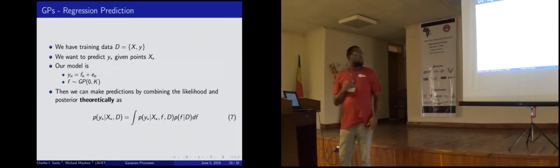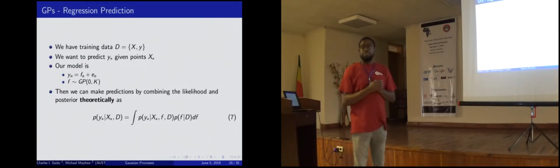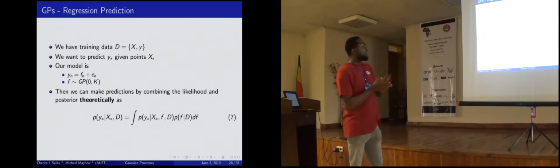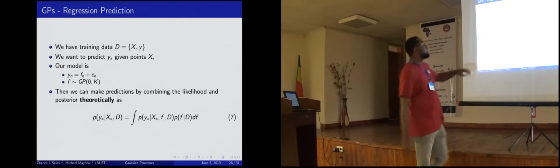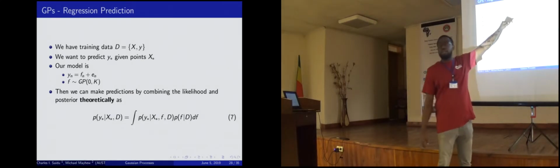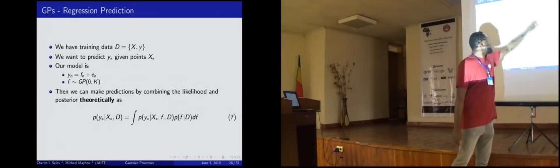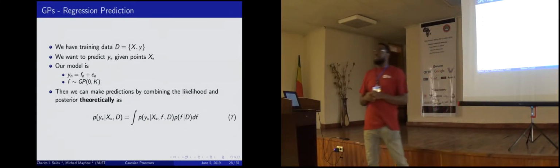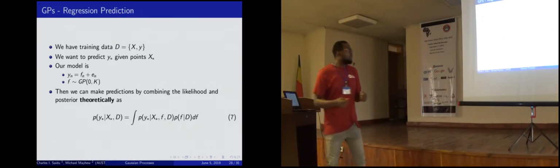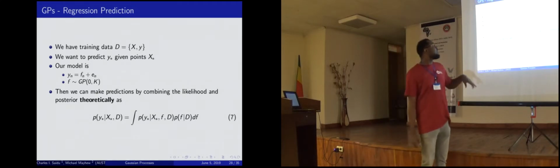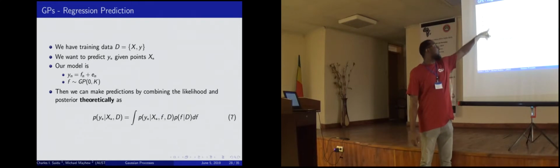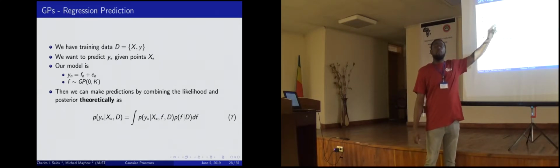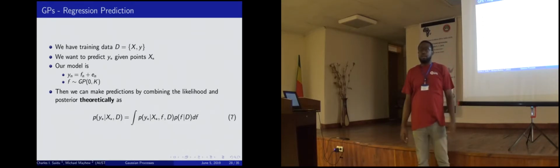Now, let's look at predictions. So we have data D, and we want to predict the value y star, given some test point x star. We can simply put up our model such that, if we assume some random noise, y_n is some function evaluated at that point plus an error term.